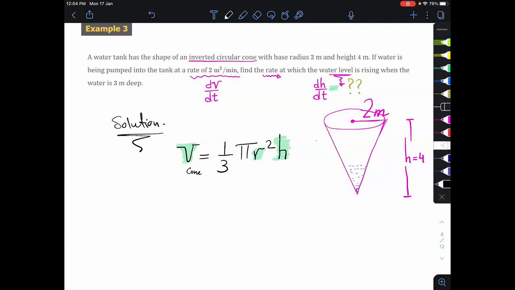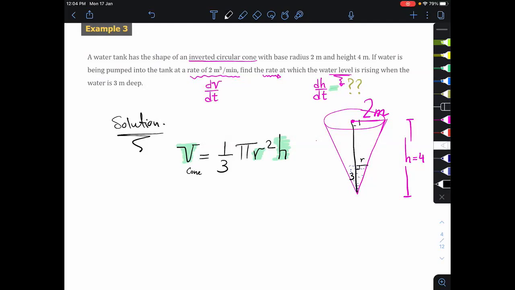So from this figure at the right, we know that the height here will be 3 بعد شوية من الوقت, صح? And the radius is unknown in this case. The radius is r.